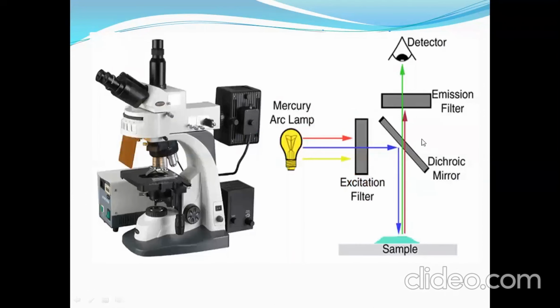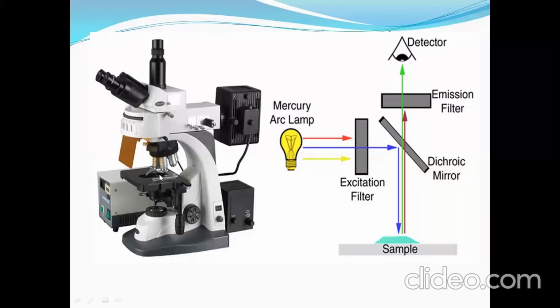You can see again here in this construction, the light source is present over here, and there is a filter placed over here. The dichroic mirror is present in this location, so that the light rays coming from this side are reflected to the objective, and here the specimen is present, which is already stained with some fluorescent dye.